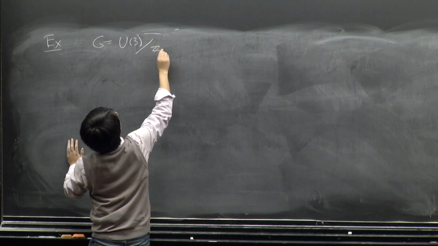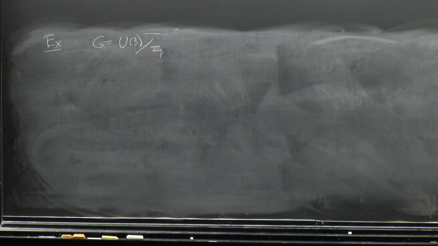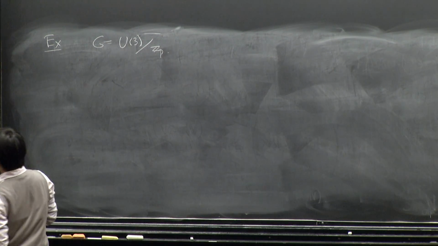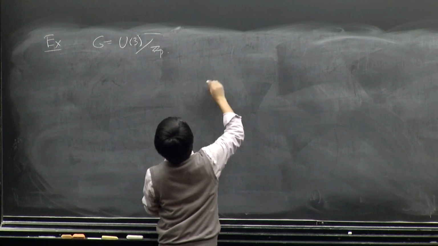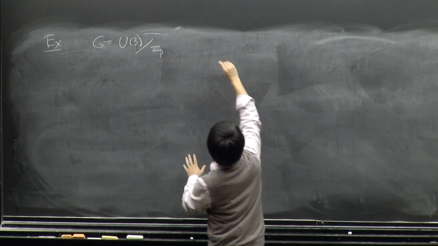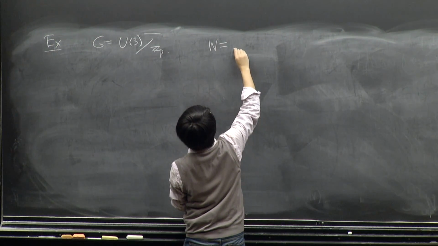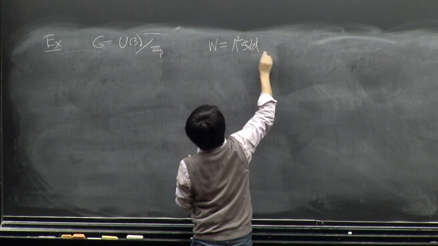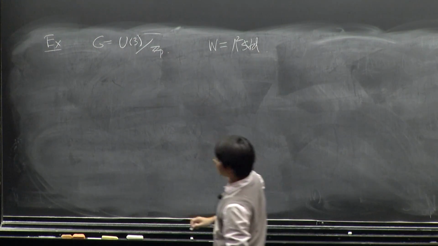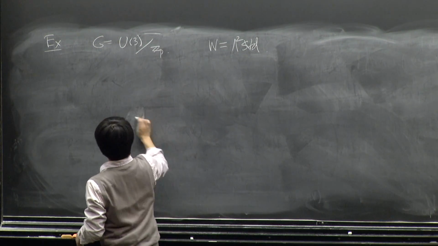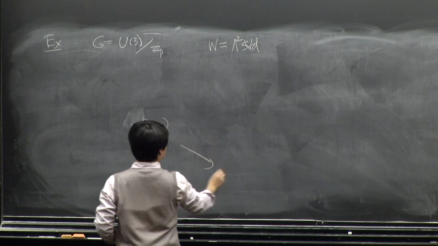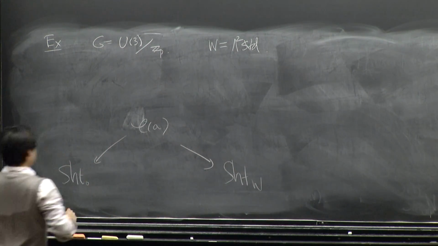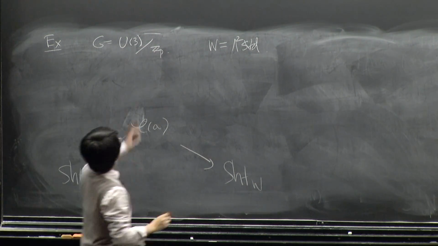Say over Q_p, a non-split unitary group. So you just take W to be the wedge of the standard representation. Okay, so what I have is this correspondence C of A mapped to Shtuka W, here Shtuka 0. But on the other hand, I can globalize this situation.